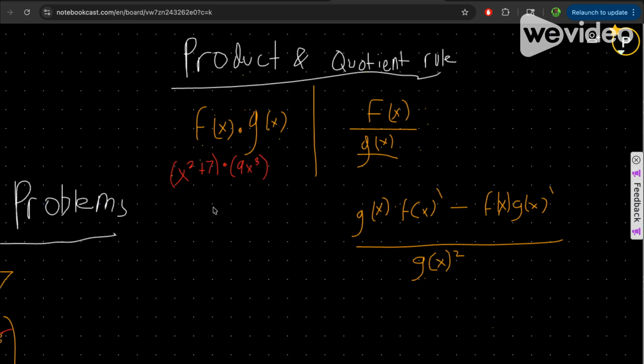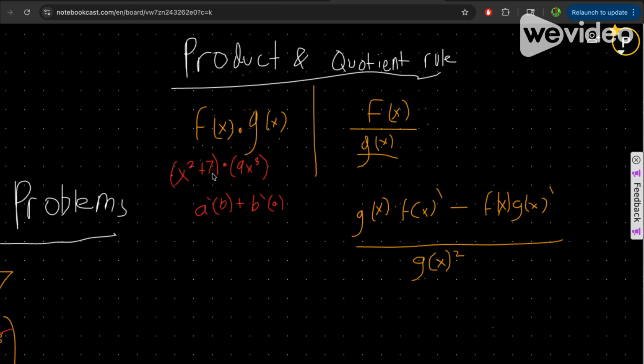So the general formula is a prime b, the derivative of a times b, plus b prime a, as in b prime times a.